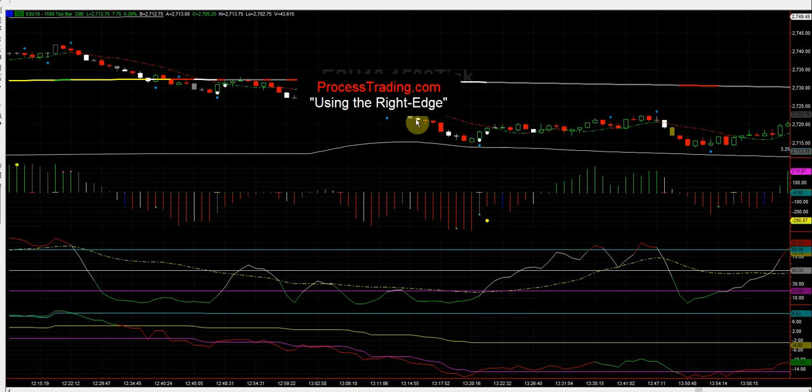So 4 3/4 points, almost 5 points, getting in right there on a trend trade. And the trend trade has you selling into weakness when prices are going down and buying into strength when prices are going up.